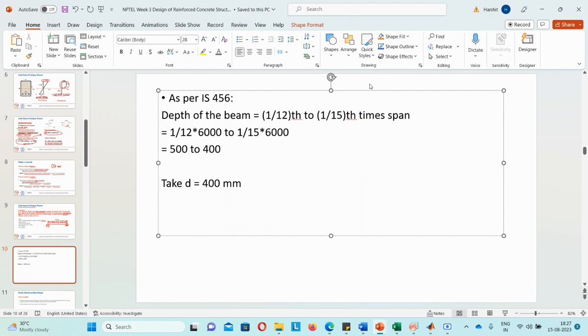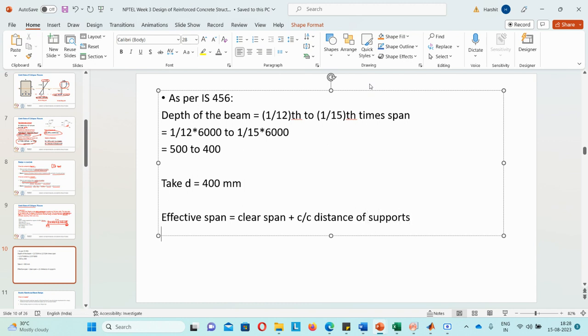Now for calculating moment, we first need to also calculate the effective span. We have been given the clear span. What is the effective span? It will be nothing but clear span plus center to center distance of supports.